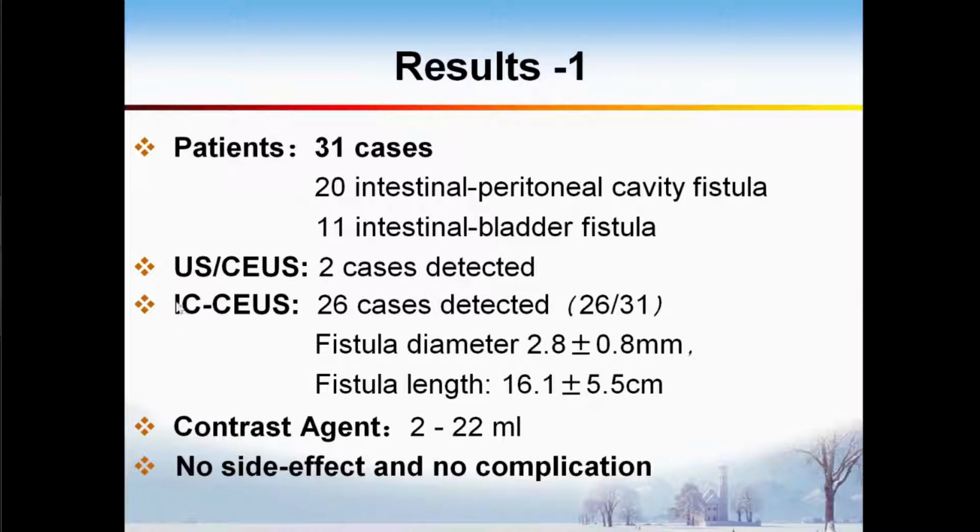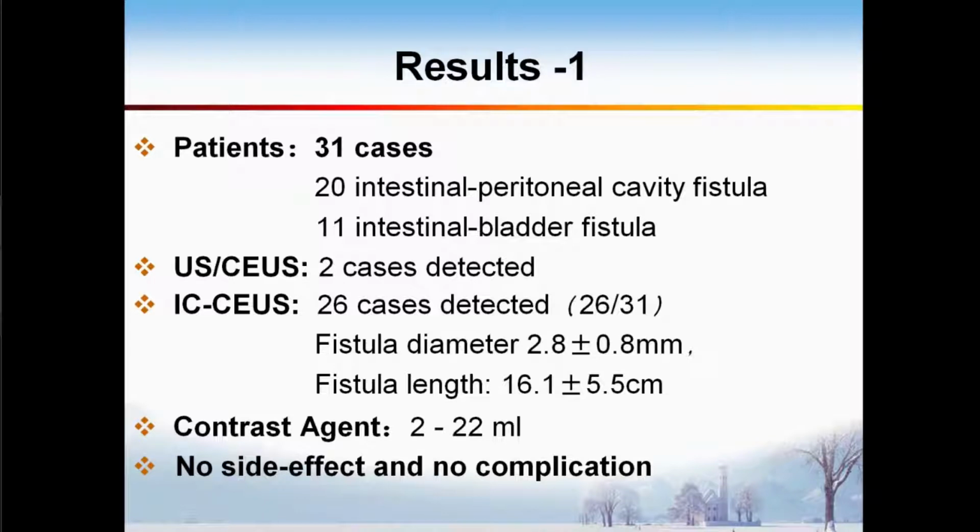By intracavity contrast ultrasound, we detected 26 cases. The fistula diameter is about 2.8 millimeters and the length is about 1.6 centimeters. We used a small amount of contrast agent, with no side effects and no complications.